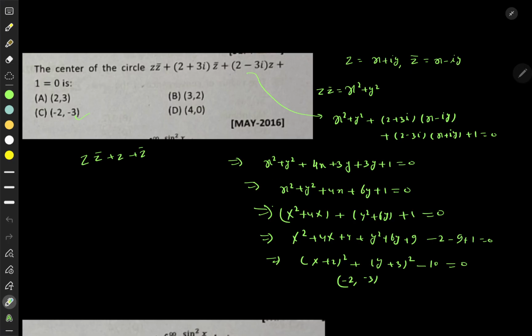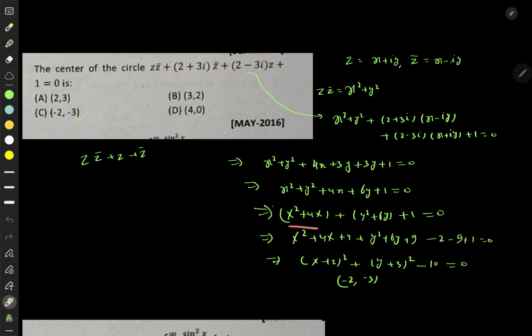So solve it. z bar z equal to x square plus y square. Put it here, expand it. You are having this. Now here the answer should be like this.